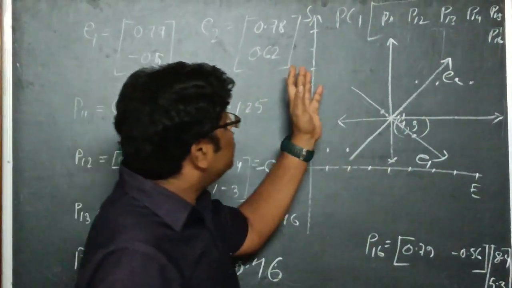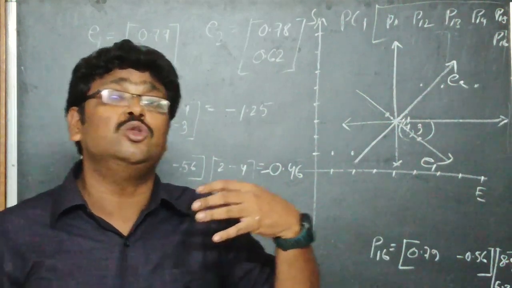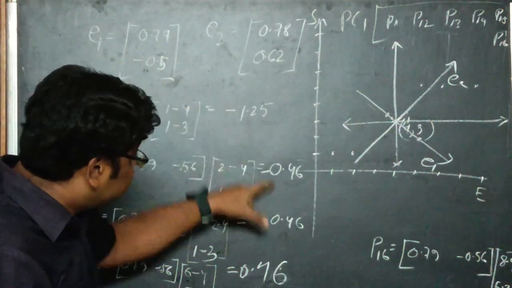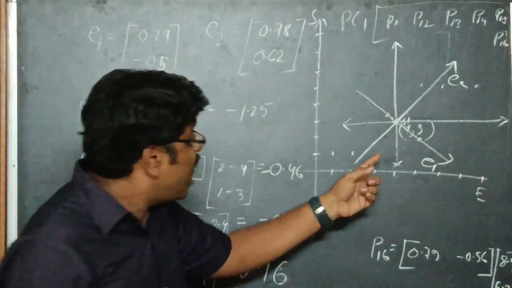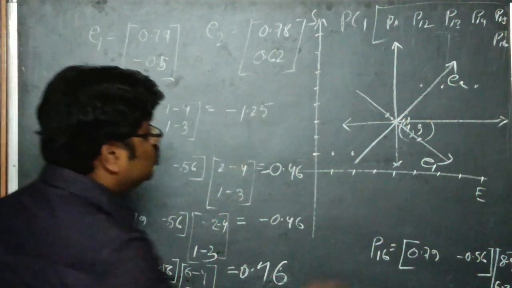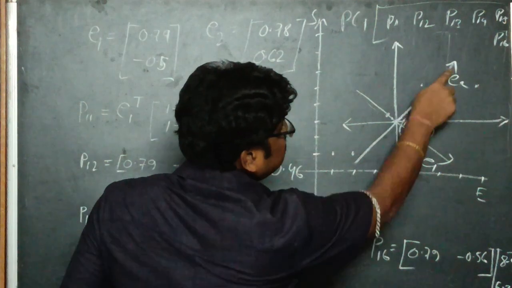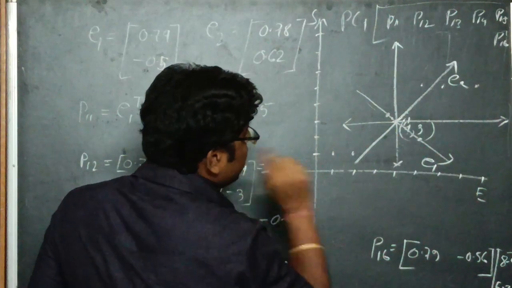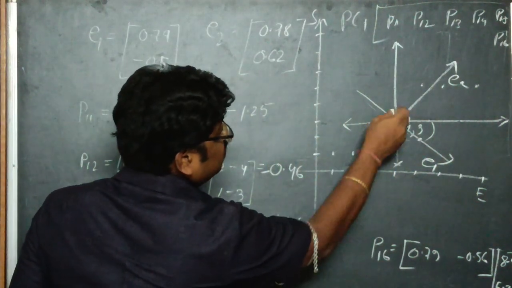Up to this point we have reduced the 2 dimensions into 1 dimension, and now we put these numbers on the E1 normalized vector, principal component 1. Suppose this is minus 1.25. This is positive E1, E2, and this is minus E1, minus E2. So E1 is minus 1.25, near about here, this point.